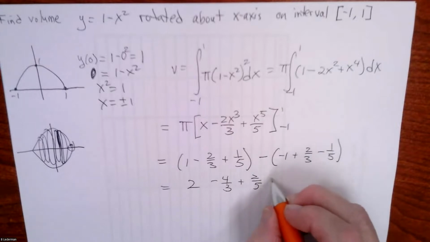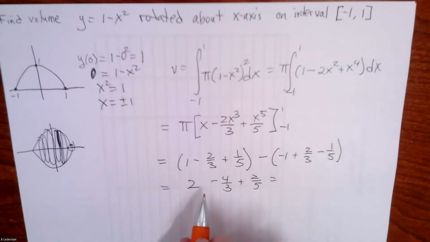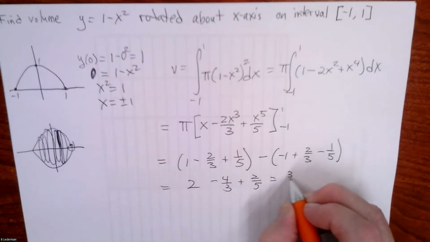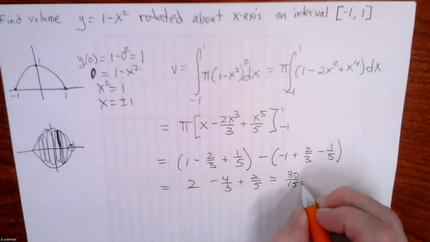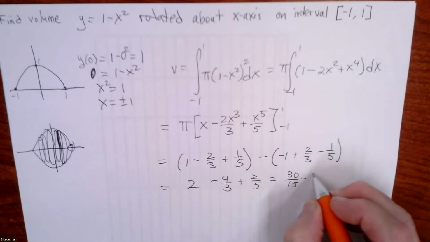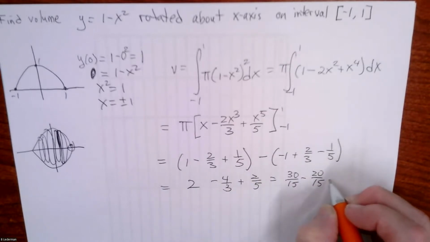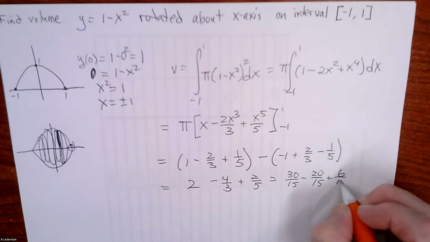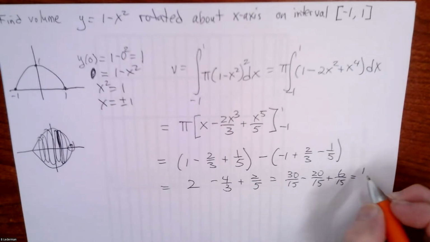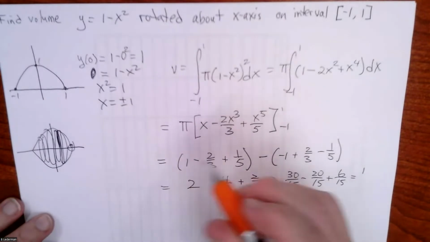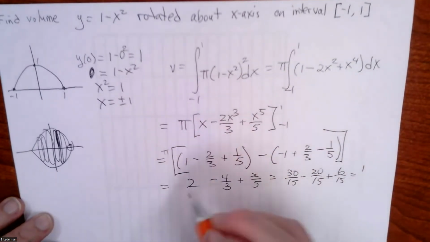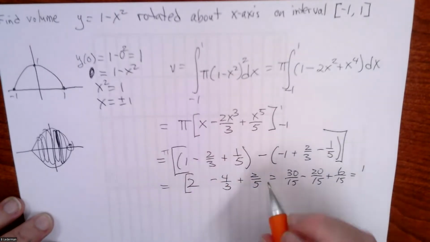And let's get a common denominator. The common denominator would be 15. So 2 is going to become 30 over 15. The 4 is going to become 20 over 15. And the 2/5 is going to become 6 over 15. And this all combines to, by the way, I forgot the pi. Sorry, I hate me forgetting pi.